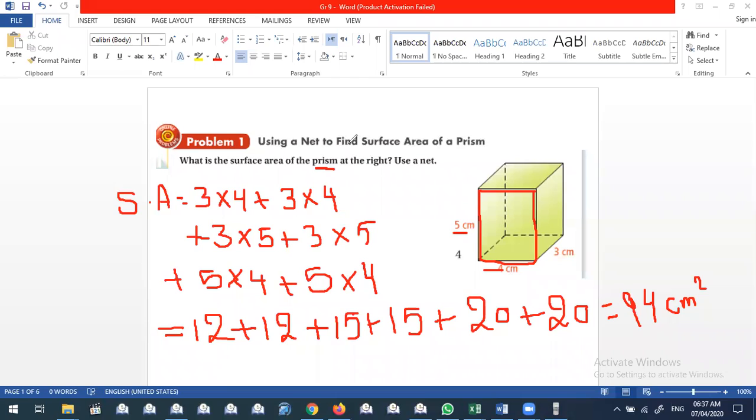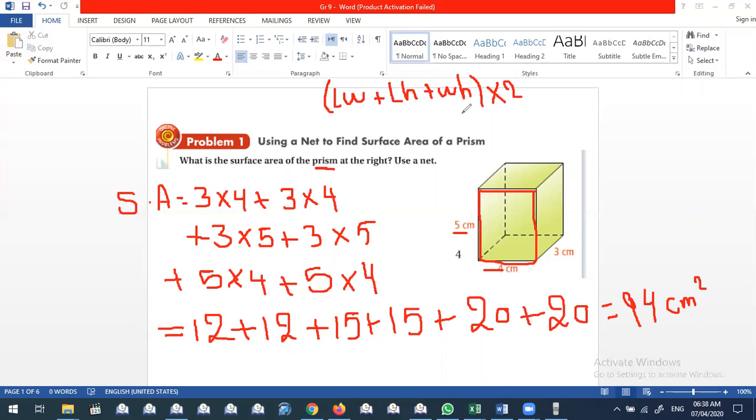Our rule is like that: length times width, plus length times height, plus width times height, all times 2. So again, length with width, length with height, width with height. You have to take each 2 dimensions together.